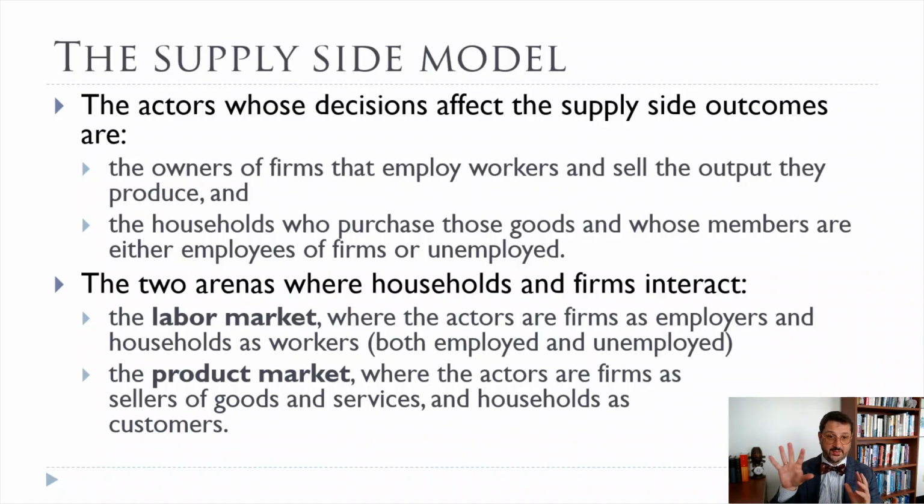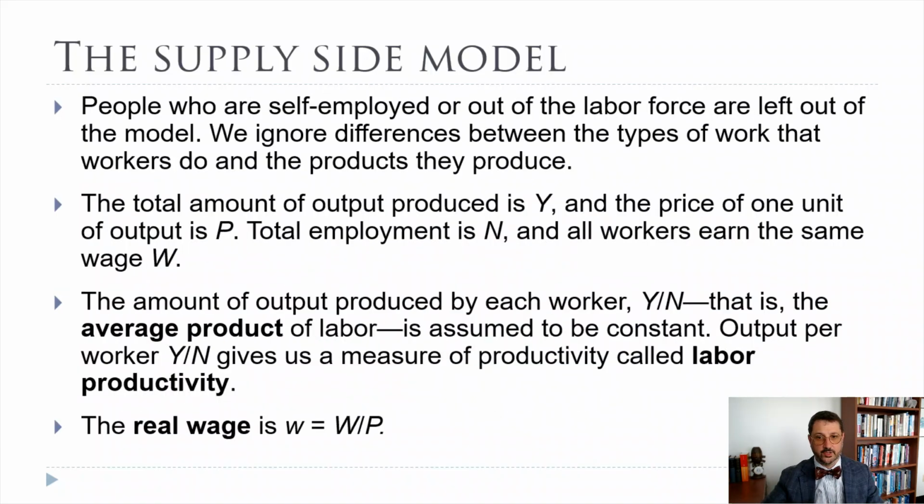And so we've got the labor market over here where the firms are hiring workers, and we've got the product market over here where the households are buying the goods and services and the firms are acting as the sellers. So on both sides of these markets, we've got buyers and sellers. It's just that the households are sellers in the labor market and buyers in the product market, and firms are buyers in the labor market and sellers in the product market.